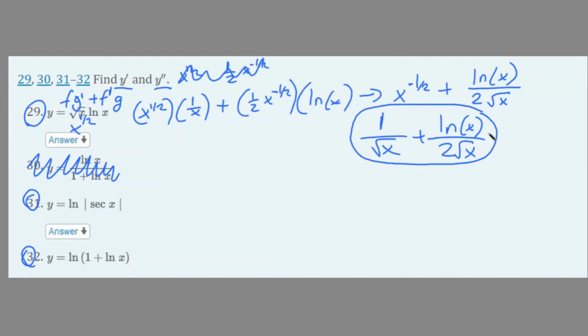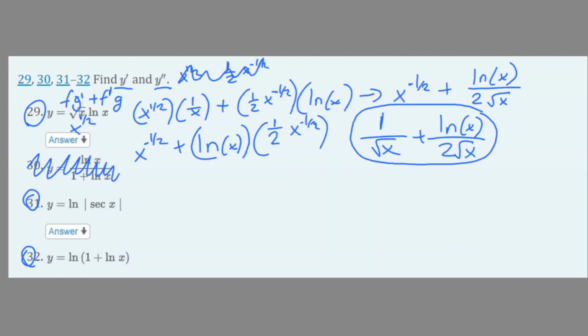Alright, so now that we have the first derivative, we're going to have to find the second derivative. So let's rewrite this in a derivative friendly form, I guess. So we have x to the negative 1/2 power plus ln of x times 1/2 x to the negative 1/2 power.